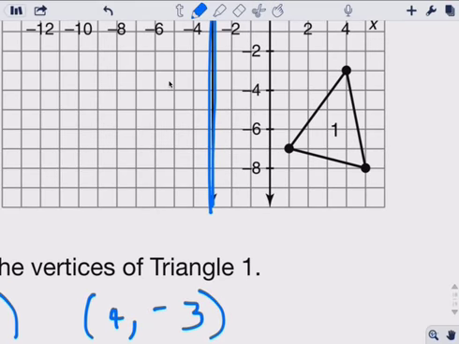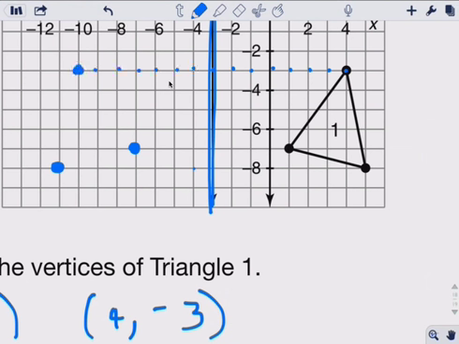So I'm going to go over 4. 1, 2, 3, 4. 1, 2, 3, 4. This way. And this way it is 1, 2, 3, 4, 5, 6, 7, 8. Okay. And erase so it doesn't look so ugly. The last shape is down here. 1, 2, 3, 4, 5, 6, 7.